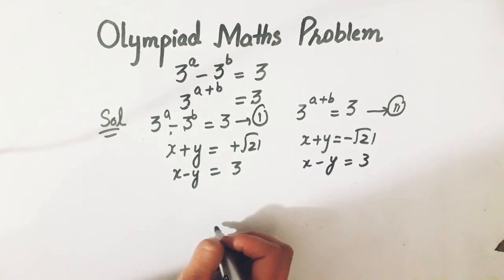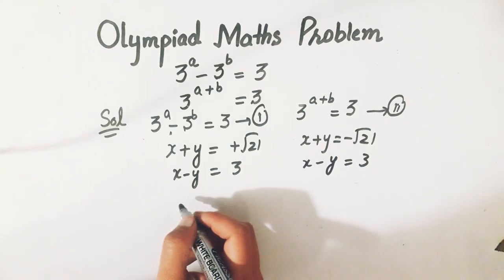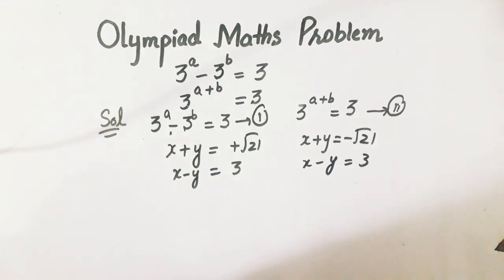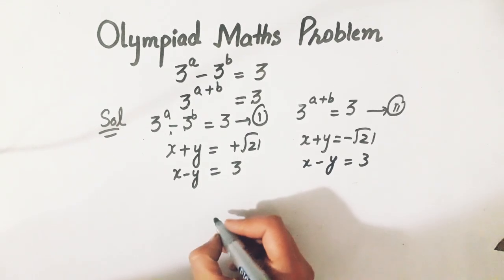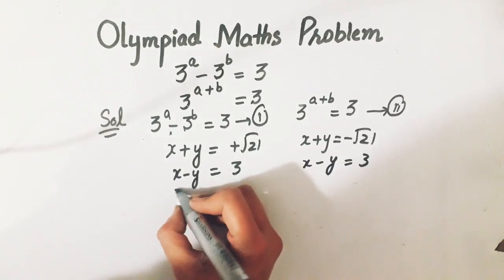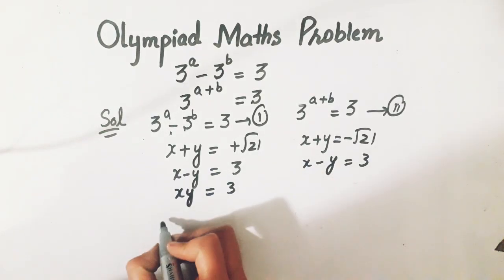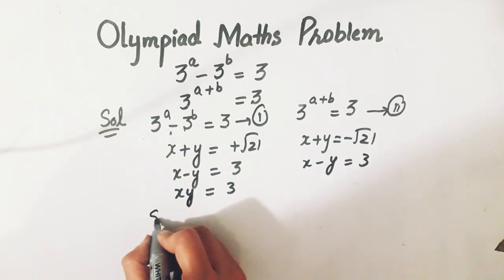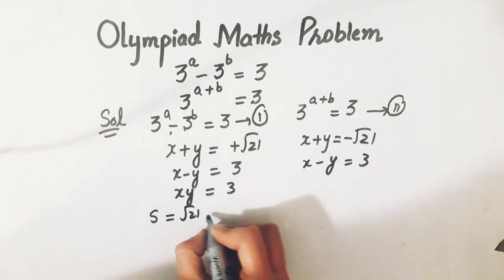Now these are the two sets of equations. So how will we solve this further? For both of them we have the value of xy as 3.